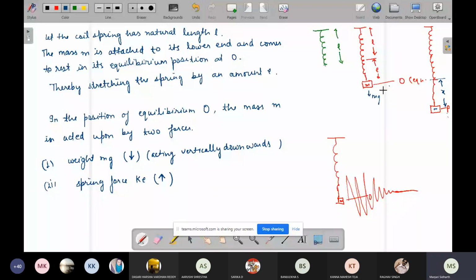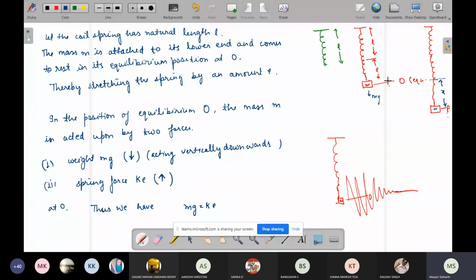Two forces are acting, one downwards, one upwards, so these two forces are equal, then only it is an equilibrium position, right? K is the spring constant by Hooke's law. The spring force is proportional to the stretched length, and K is the spring constant. Okay, so at O we have mg equals Ke.